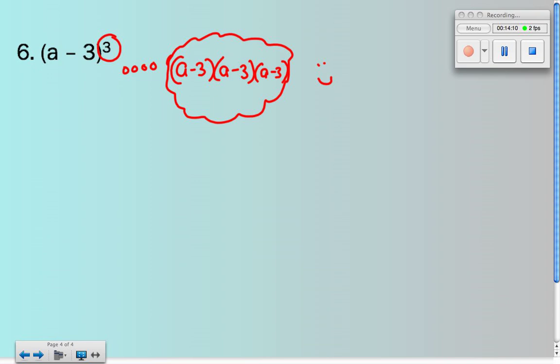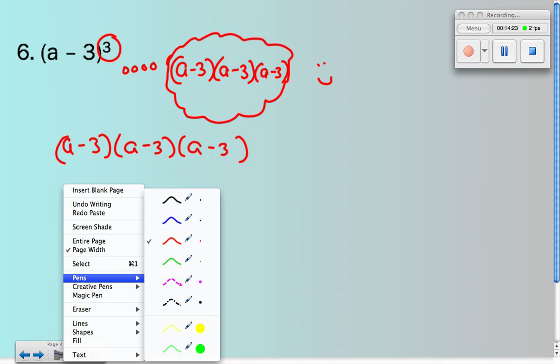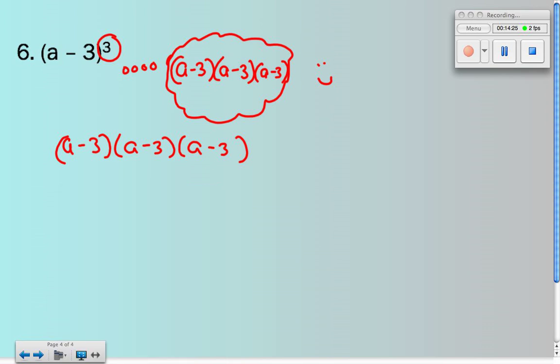All right, so let's write it out over here a little clearer. I have 1, 2, 3 of them. You can only multiply 2 at a time. So I'm going to take this first one and multiply it by the second one. I'm going to have to distribute.